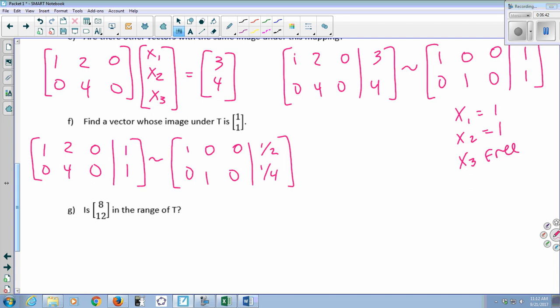So that says x1 has to be a half, x2 has to be a fourth, x3 is free because there's no pivot in the x3 column. So vectors whose image is 1, 1 would look like a half, a fourth, and then anything for x3.